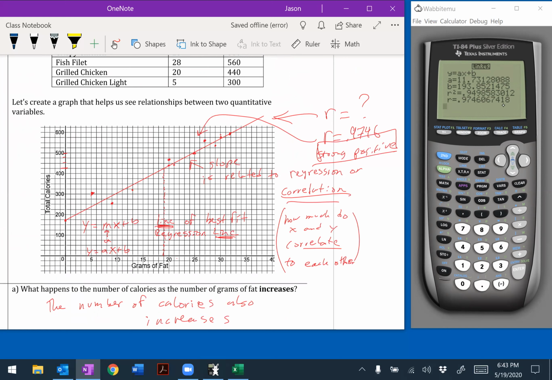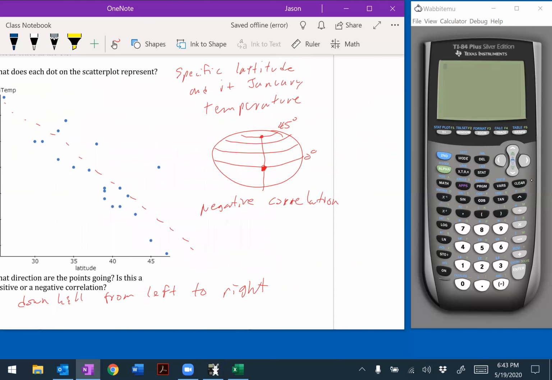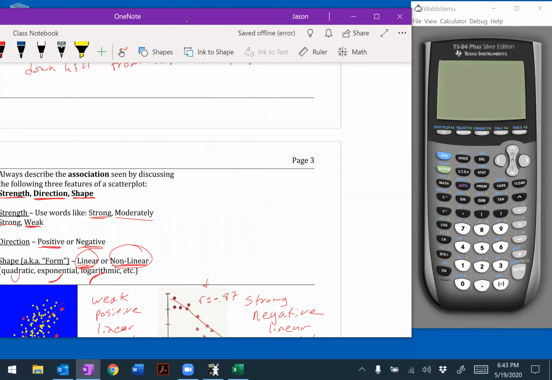Okay, strong positive, strong. Okay, any questions on this before we moved on to 12.3? Okay, sounds good.